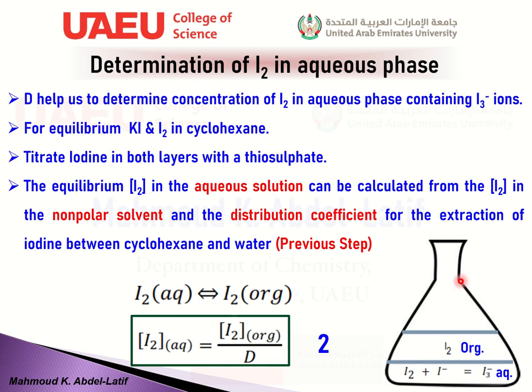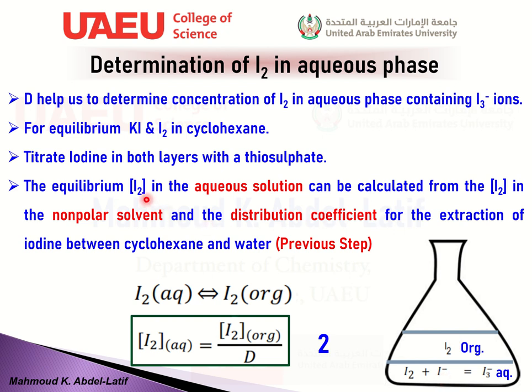So instead of water, we add potassium iodide to the aqueous one. Iodine will also distribute between the organic phase and the aqueous phase, and we have already determined the dissociation constant from the previous one. For the equilibrium of potassium iodide and iodine in cyclohexane, just titrate iodine in both layers, the organic one and the aqueous one.